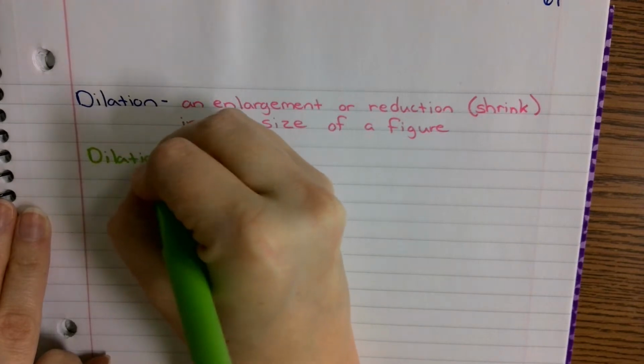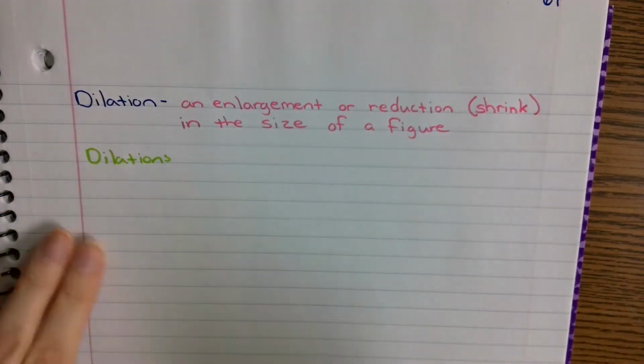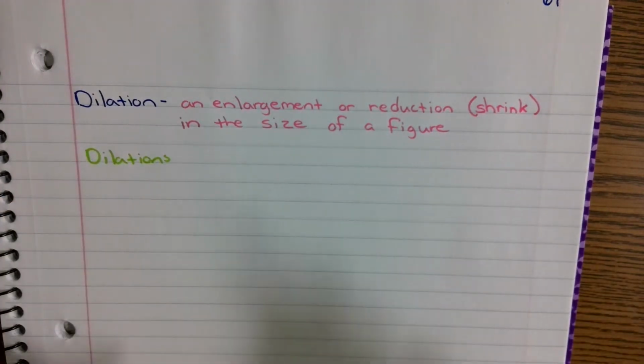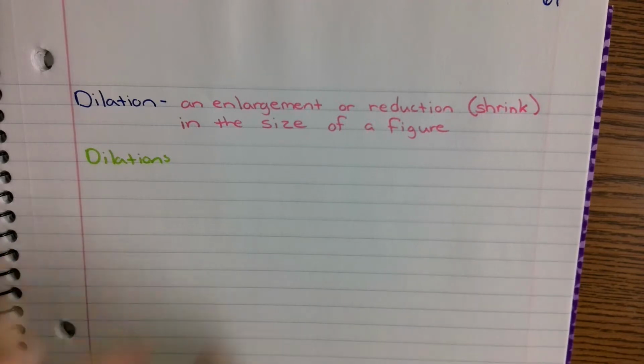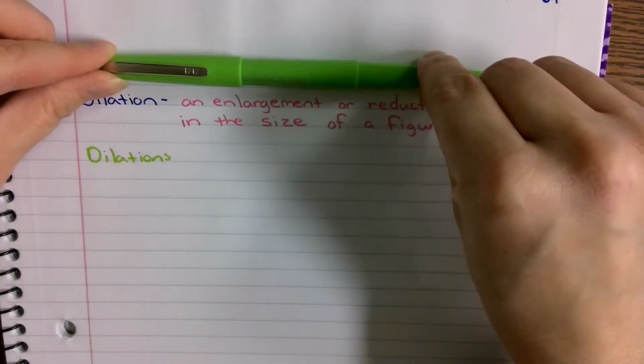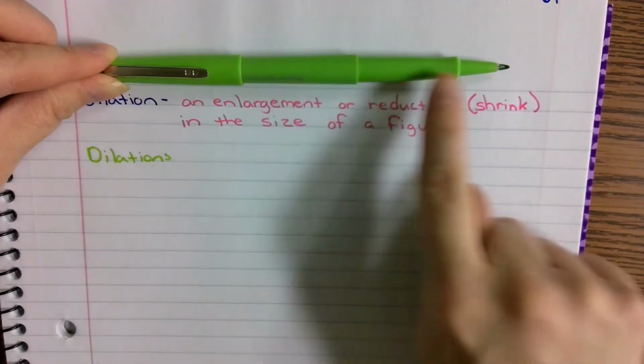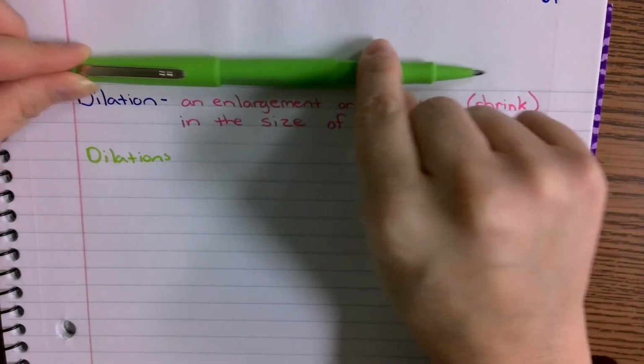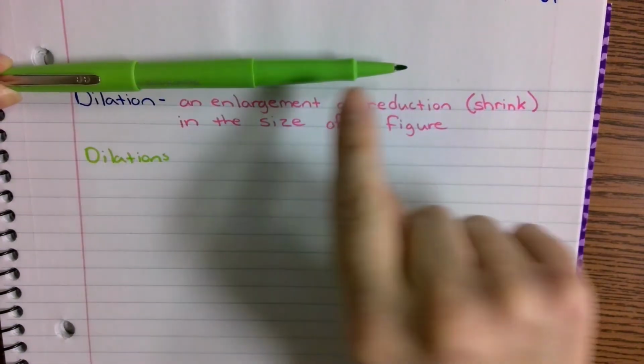We talked about how a translation preserves, means it keeps, it has no change on the size of the shape or on the orientation, the direction that the shape is facing, right? So if this is my object and I'm translating it up, it stays facing the exact same position. If I'm moving it to the left a little bit, it stays facing the exact same position.